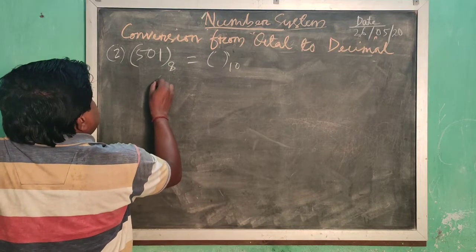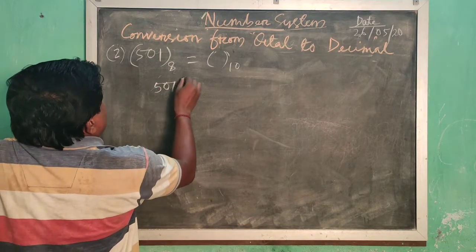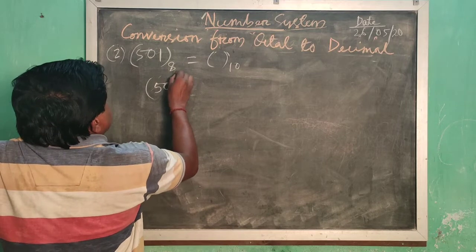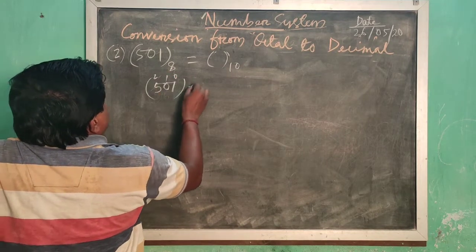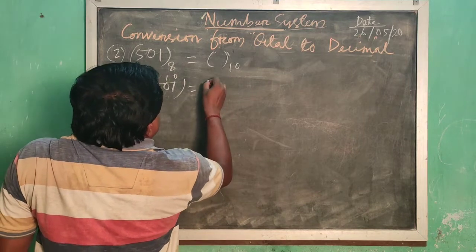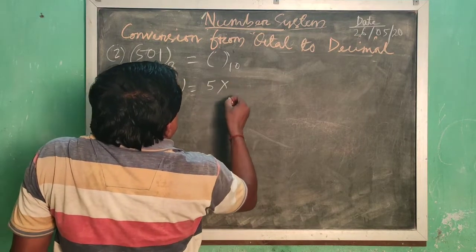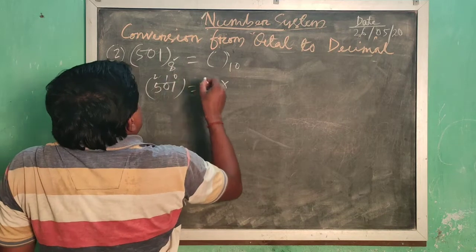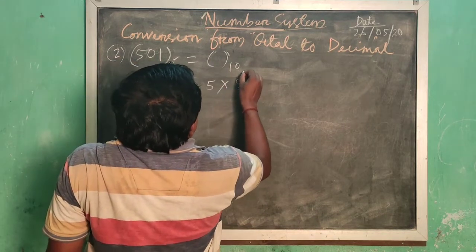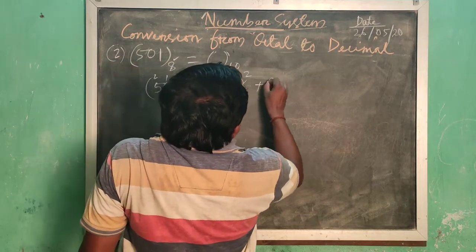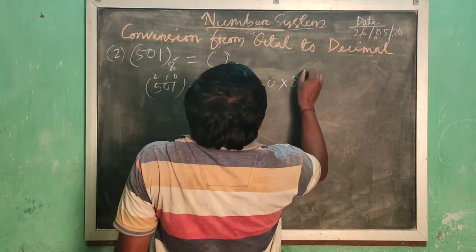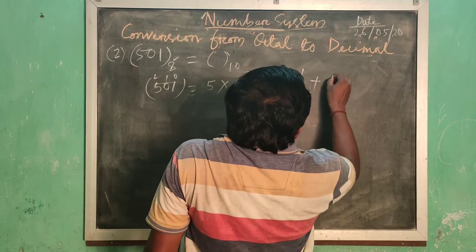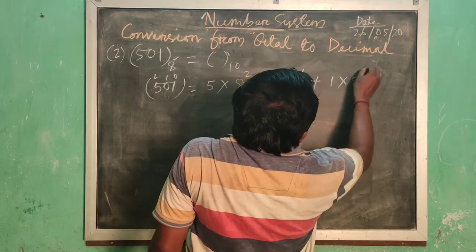Similarly, you write the number first, 501, then put the place value from right to left, it will be 0, 1, 2. Then here digit 5 into base of octal to the power place value plus digit into base of octal to the power place value plus 1 into 8 to the power 0.